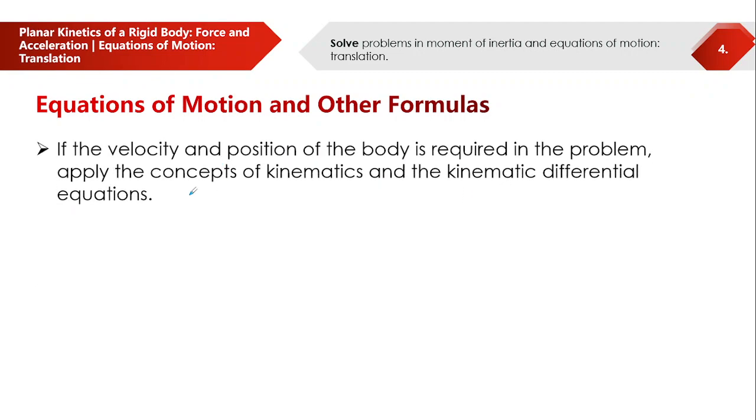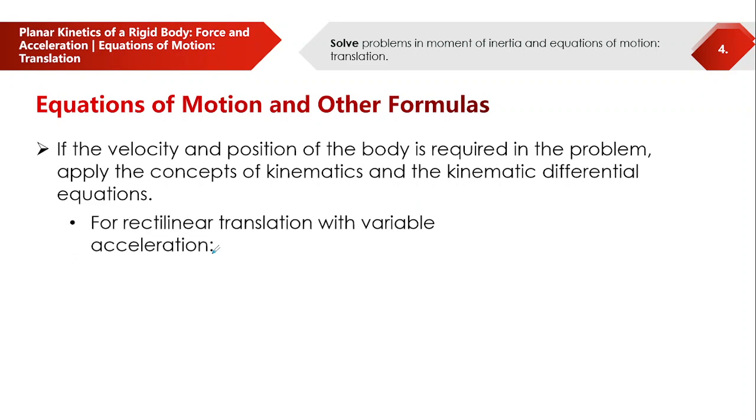Okay, remember that one? So if the velocity and position of the body is required in the problem, apply the concept of kinematics and kinematic differential equations. So again, if the problem requires the velocity and position of the body, then we can use the kinematics that we have learned previously.